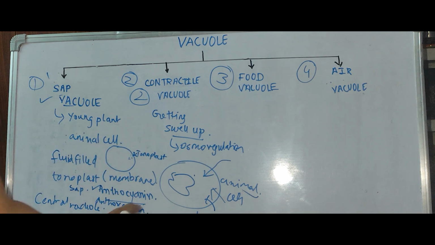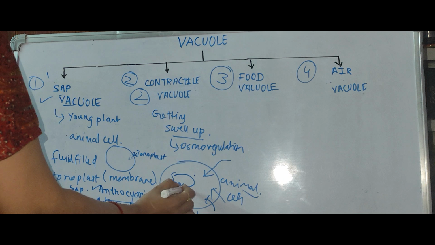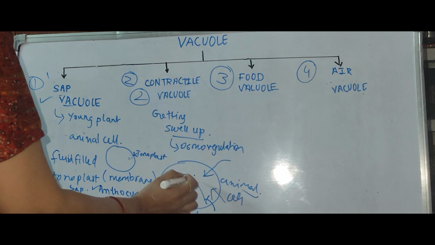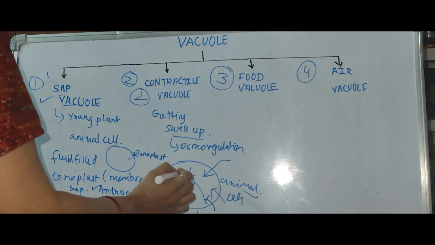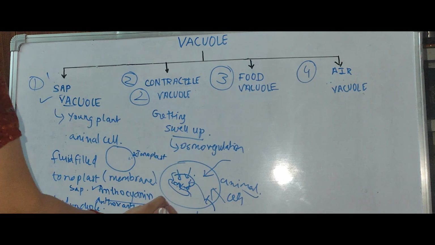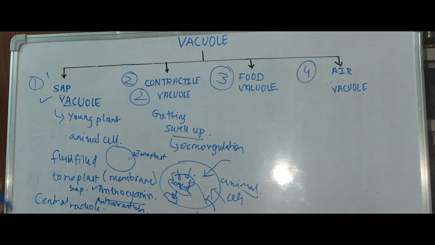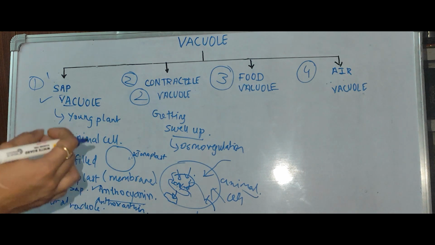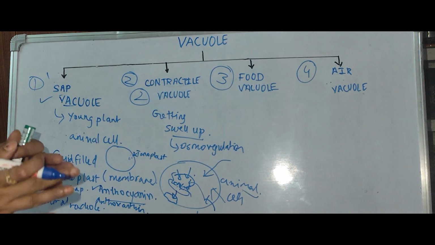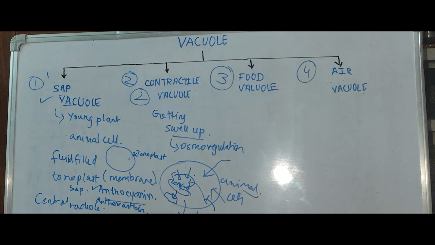So to prevent this, there is a contractile vacuole inside the cell. This contractile vacuole contains some kind of contents which will allow all the water to be collected inside the vacuole, and this vacuole will swell up. It will come near the plasma membrane, where it is going to collapse, and due to this collapsible membrane, it will remove all the excess water of the cell outside into the water.